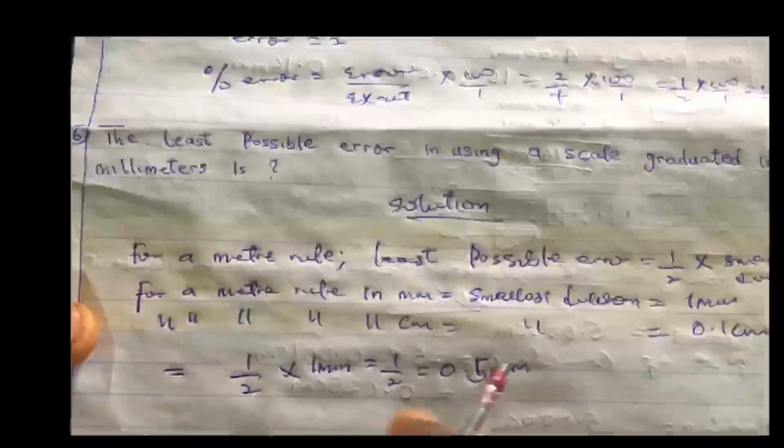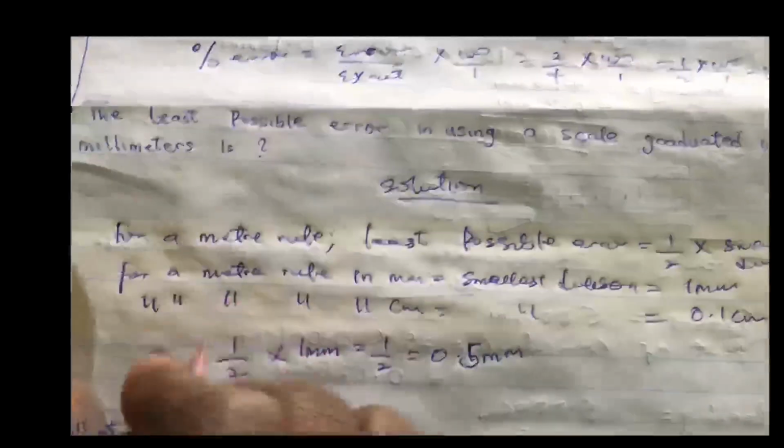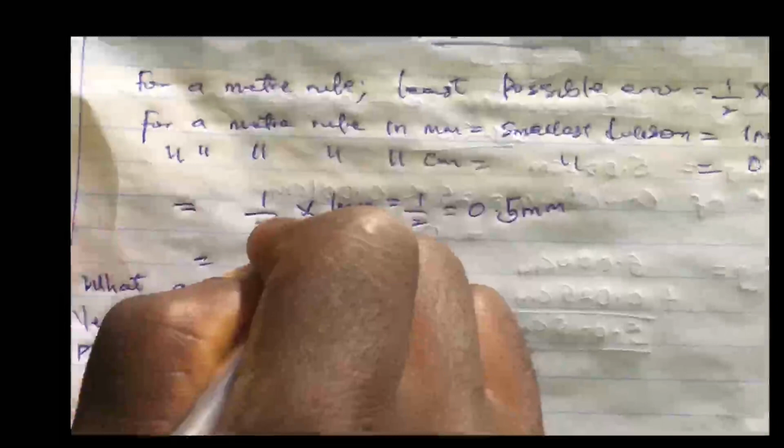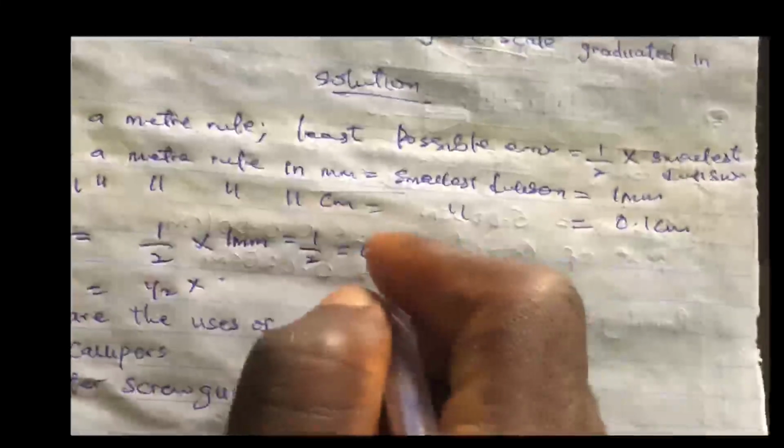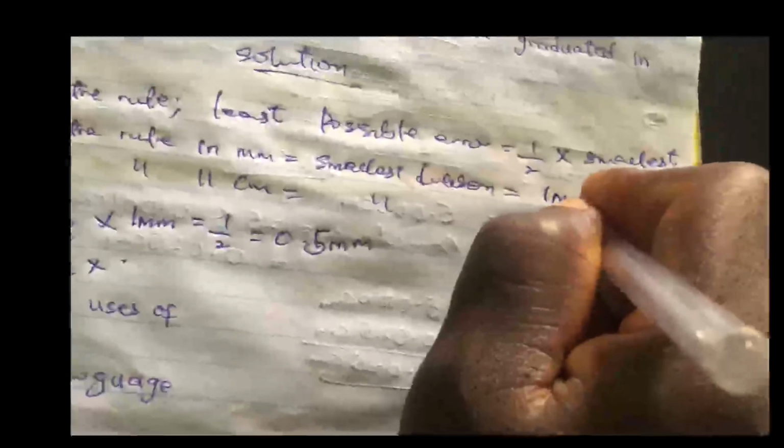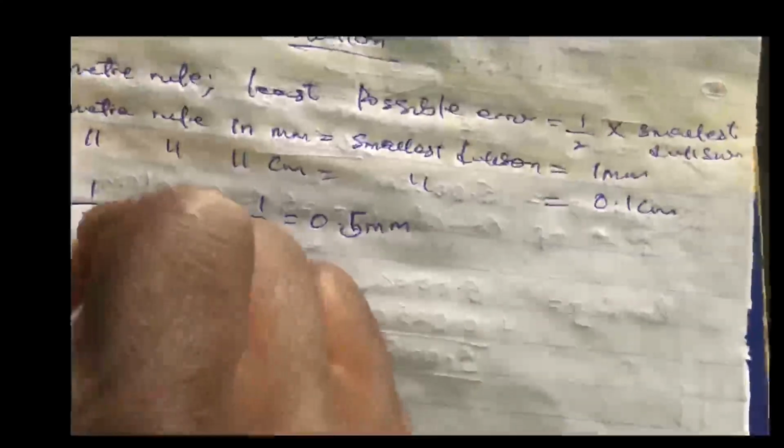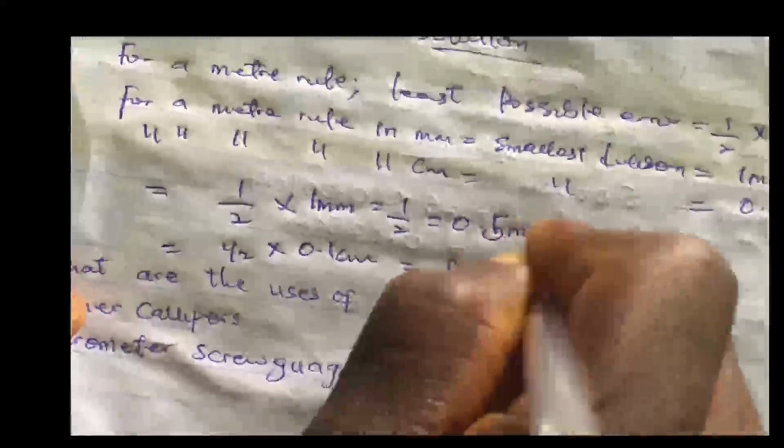But if the meter rule is graduated in centimeter, the least possible error will be 1/2 times 0.1 centimeter, and that is 0.05 centimeter.